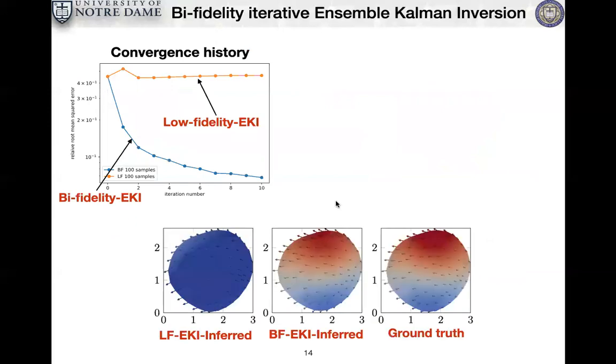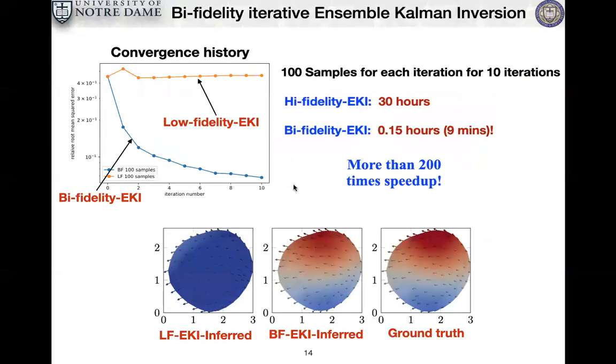And using this bifidelity EKI method, we can see the results here. This figure shows the error between our prediction and the ground truth as a function of iteration steps. If we use the high fidelity model, it is going to be very computationally expensive.